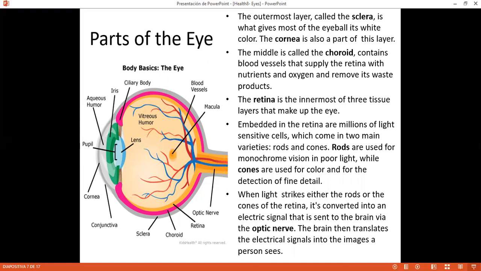While the cones are used for many colors and detection of fine detail. So when light strikes the rods or cones in the retina through the pupil, it's converted into an electric signal, which is sent to the brain through the optic nerve, and there it gets translated into images. And that's what you see.